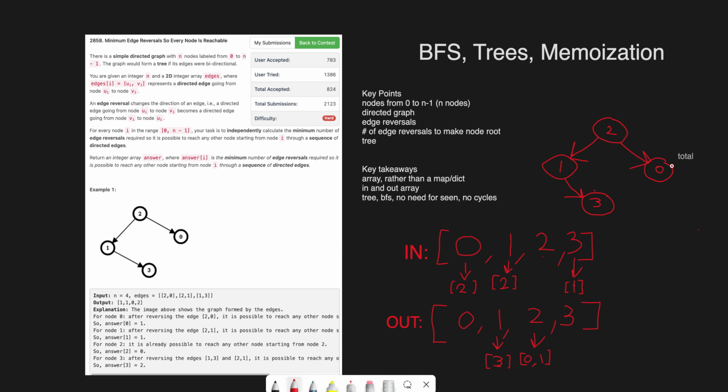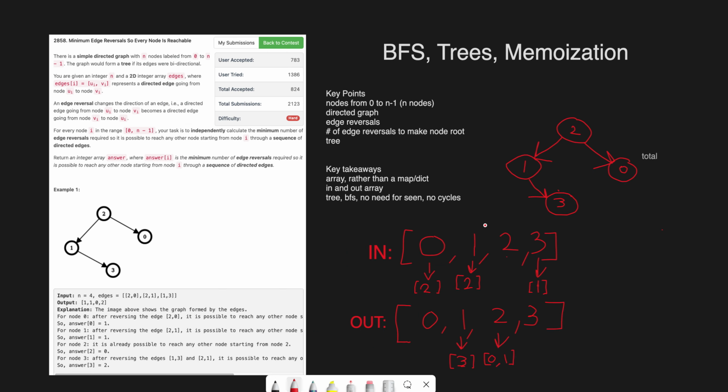When you come to any particular node, you can look at the in degree and the out degree. For the in degree, these are nodes that have to be reversed. So anytime you come across an in, you'd recurse into that node and you would increment the total. And anytime you come to an out, you'd go to that node, and you wouldn't increment the total.